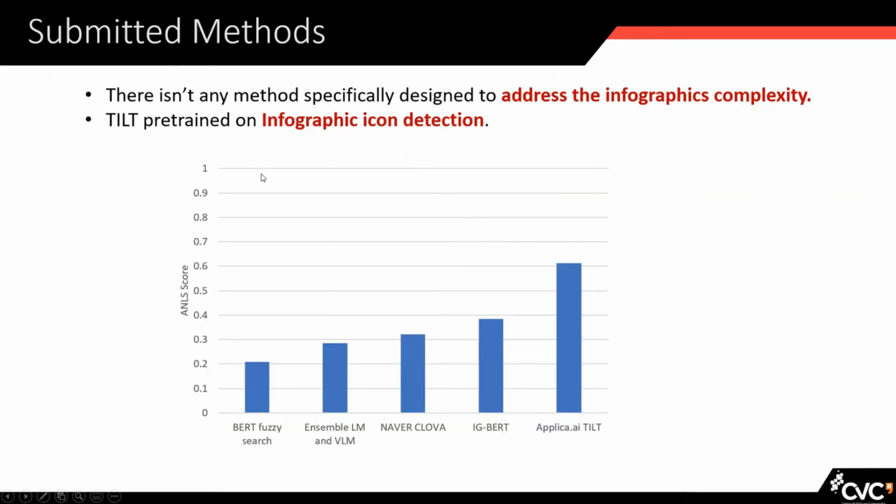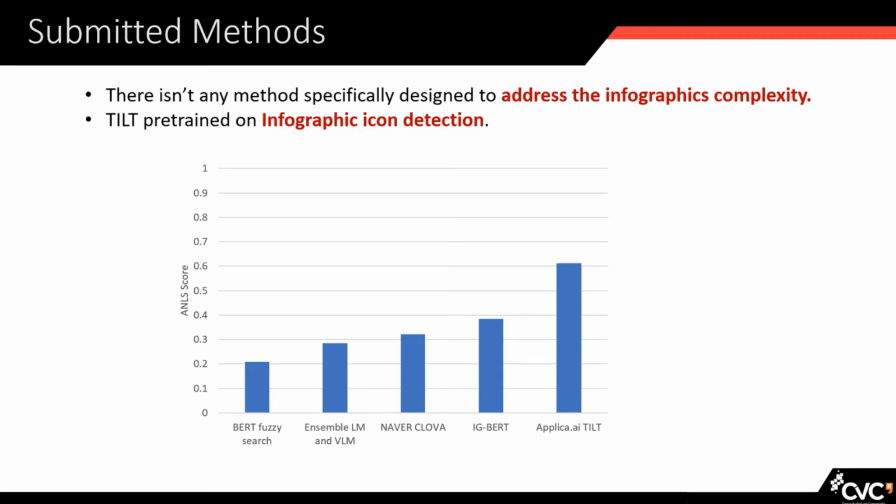However, these last tasks I will present are quite recent, and nowadays there isn't any method specifically designed to address the infographics complexity. Tilt, for example, that I explained before, is pre-trained, and they also evaluated on this task by changing the setup and the pre-training task.